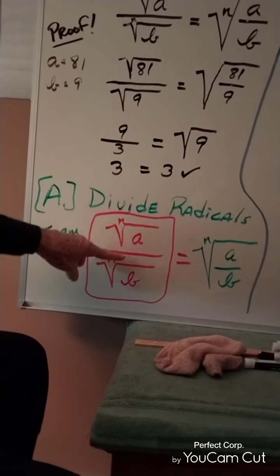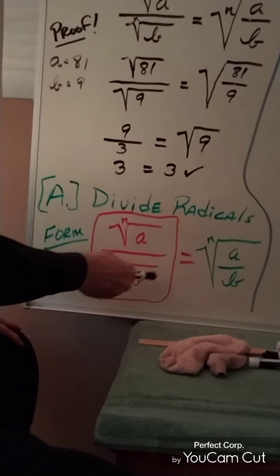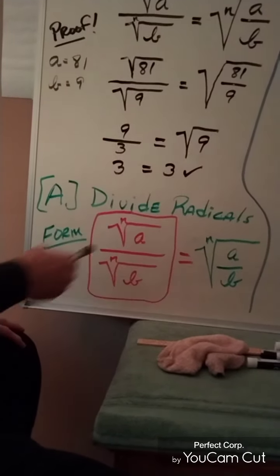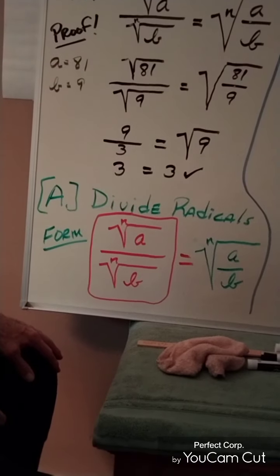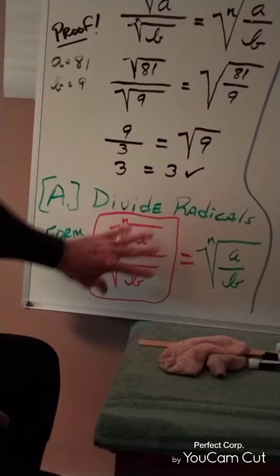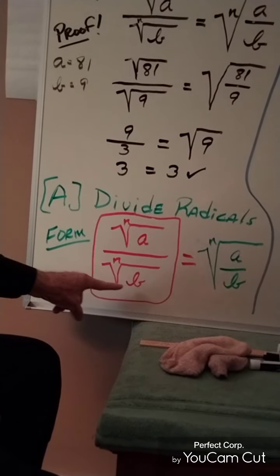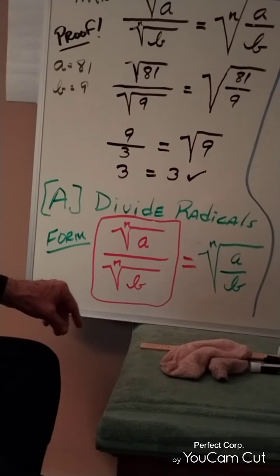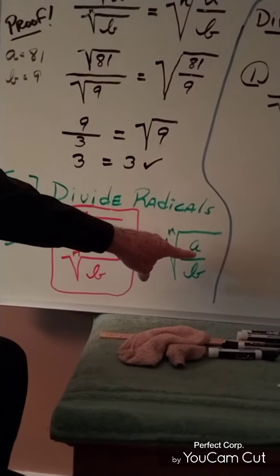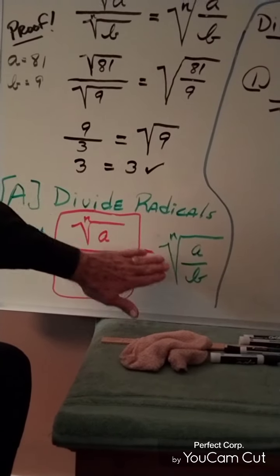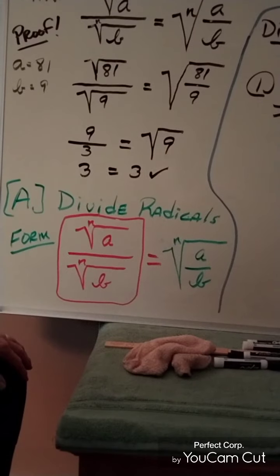The nth root of a divided by the nth root of b. So this is the form that's going to be given to us. And we're going to find out momentarily that in order to divide radicals, we're going to have to rewrite this expression in the form of its equivalent measure that we see on the right-hand side.